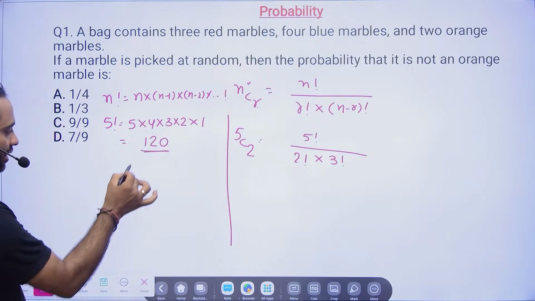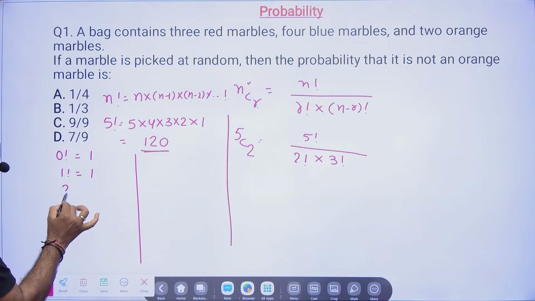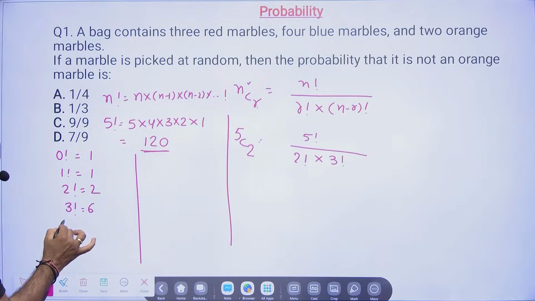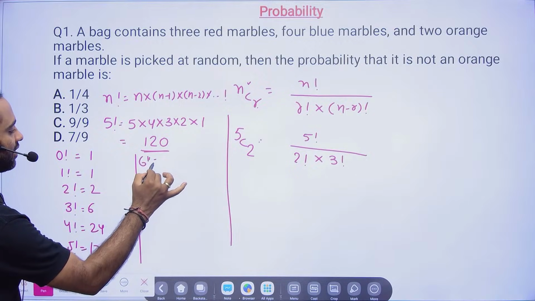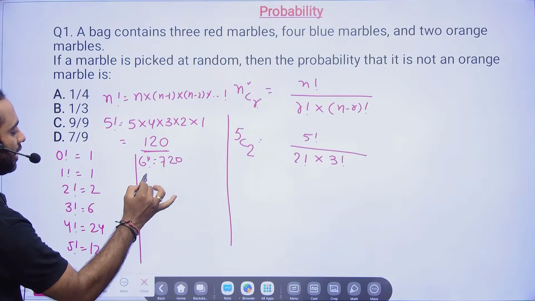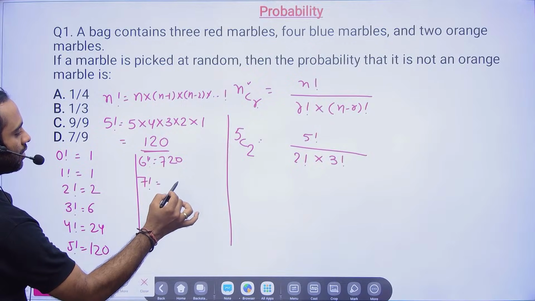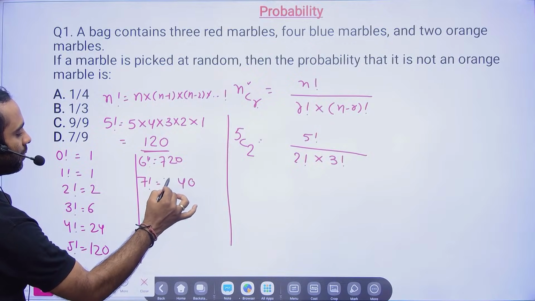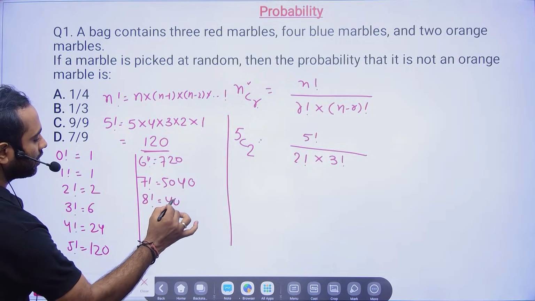Anyway, the other thing is, you should also keep these factorials in mind. So 0 factorial will be 1, 1 factorial will be 1, 2 factorial will be 2, 3 factorial will be 6, 4 factorial will be 24, 5 factorial will be 120, 6 factorial will be 720, at least till 8. 7 factorial will be what? 5040. 8 factorial will be what? 40320.